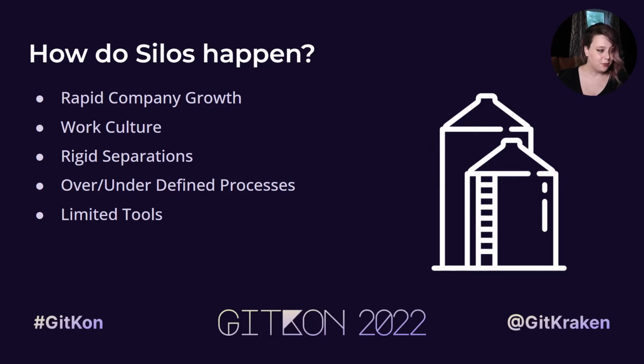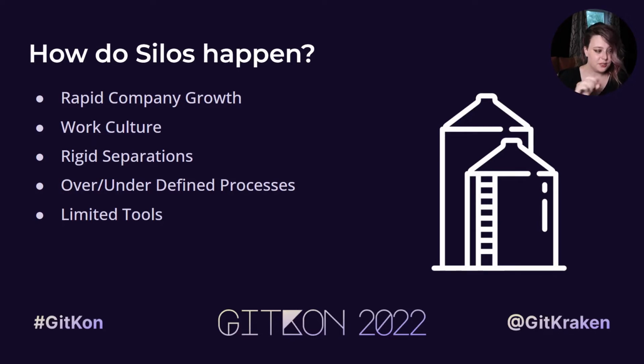A side effect reason silos can occur is when we over or under define our company or project processes. So this happens when perhaps there's not enough processes defined, and so people create little niches or work entirely solo in a process that works for them, or perhaps not everyone knows how to use the process in the same way, and so you generally find disconnects.